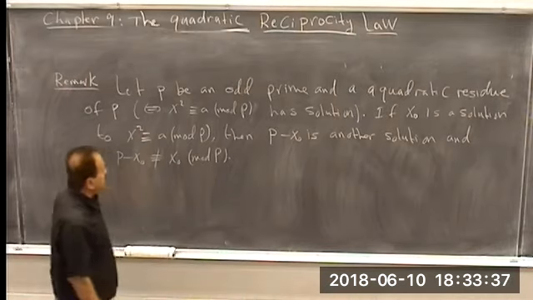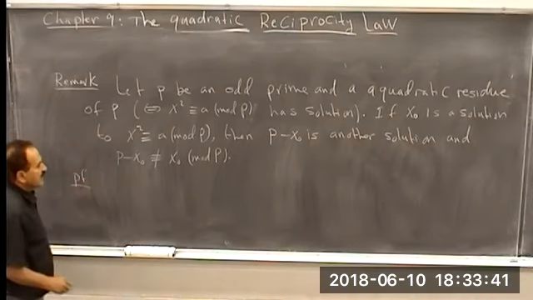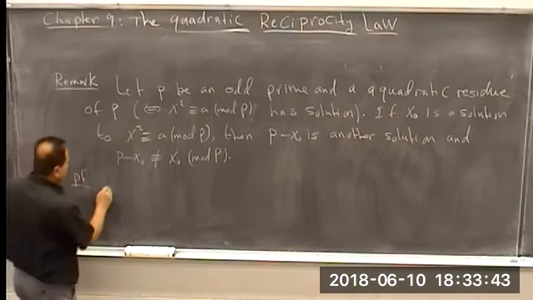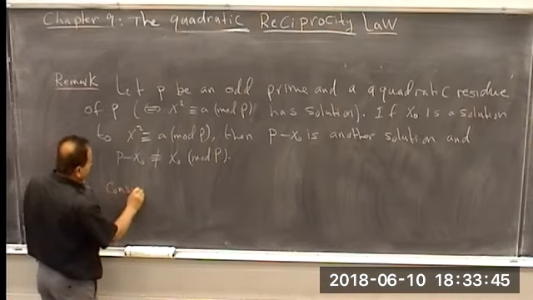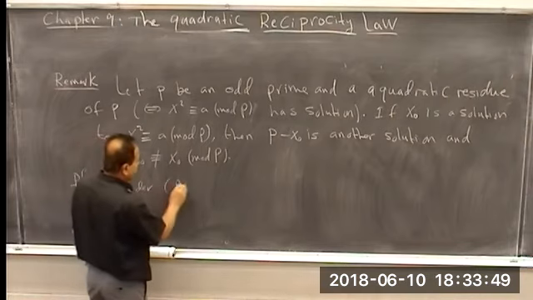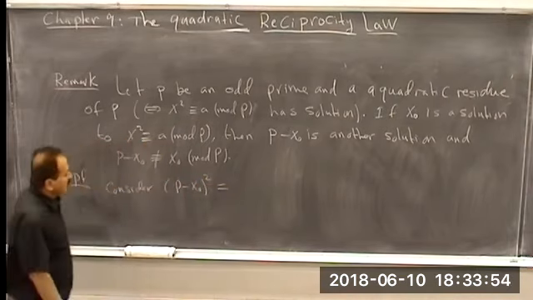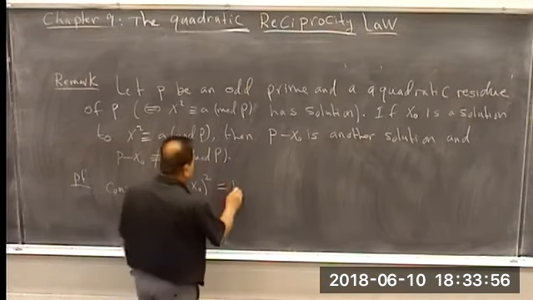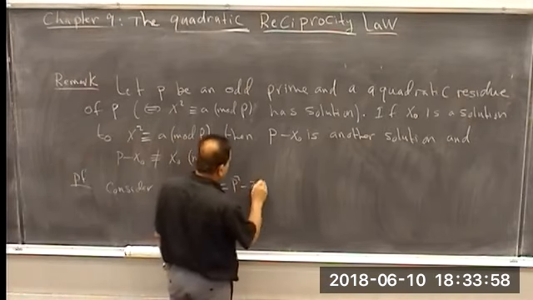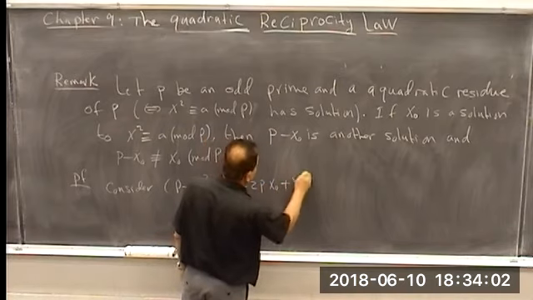Well, let's first prove this remark. Let's first show that p minus x sub 0 is a solution. I'm going to square this. This gives p squared minus 2p x sub 0 plus x sub 0 squared.